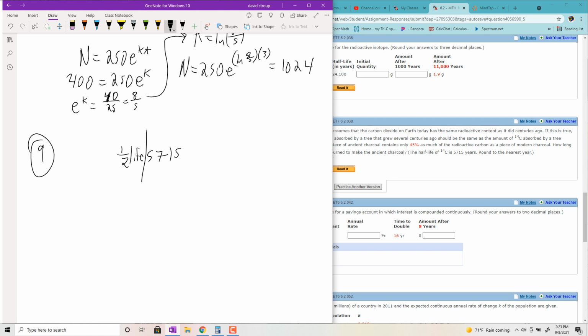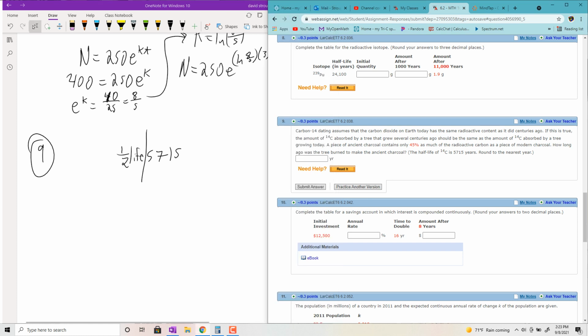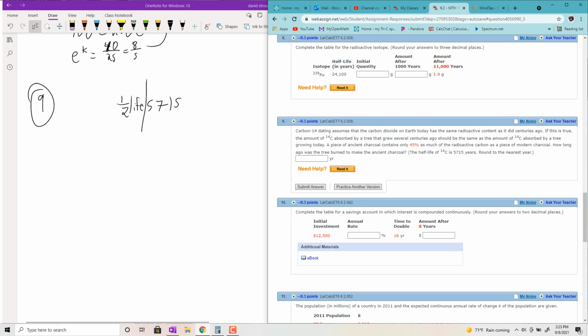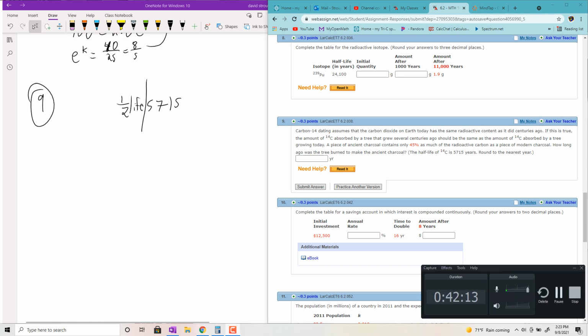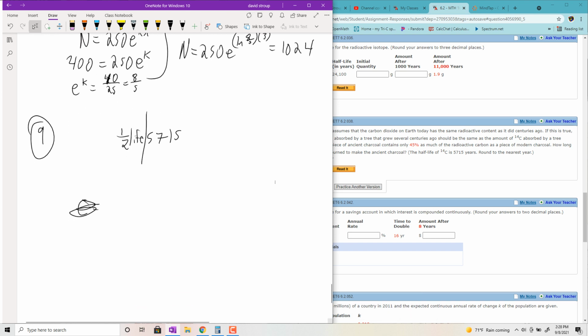Okay, so I've been thinking about this for a second. I think we could just first find a k value. So the half-life is saying, in 5,715 years, only half the initial amount will be left, right?